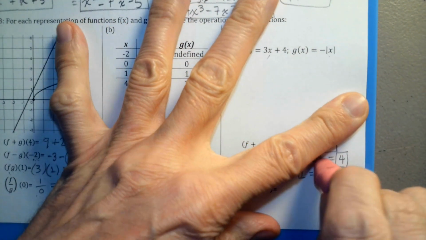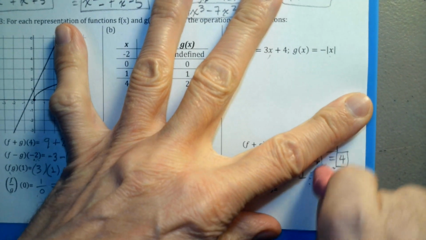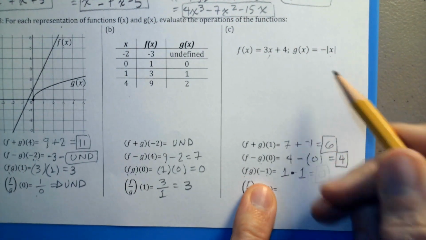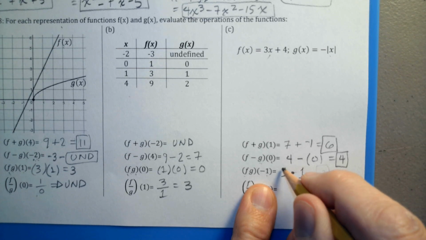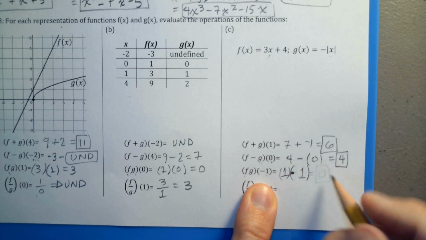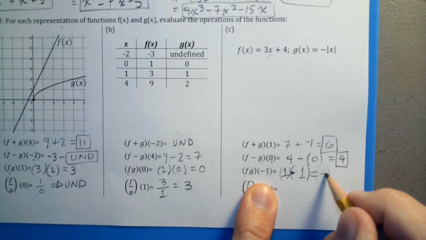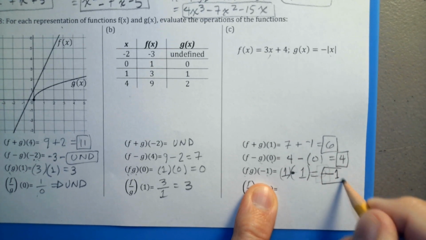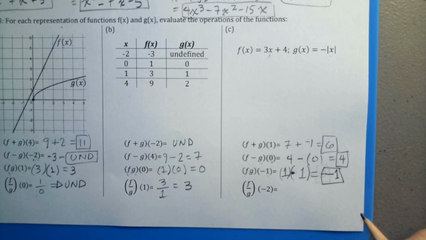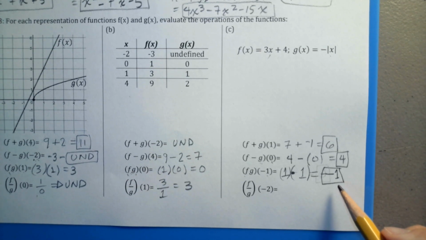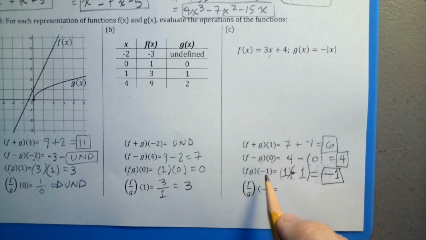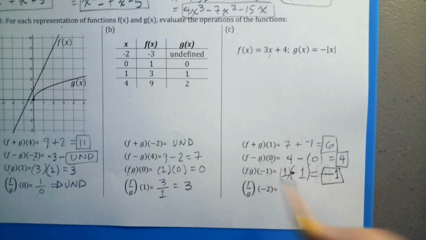So -1 into this, let's see, so that's going to be 1 times -1, and so that's -1. Sorry, I think I have too many negatives. I have a kind of glare on my screen here. So -1, all right, because we're the product. I was looking at this -1 thinking it was subtraction.